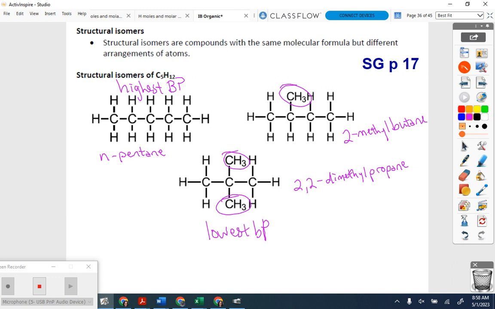But in molecular compounds, of which organic molecules are all molecular compounds, it's all about the intermolecular forces. How much are they going to want to stick together? So, n-pentane molecules are going to want to stick together more. They're going to have a higher probability of sticking together at any given point in time because the dispersion forces have to do with the random movement of electrons.